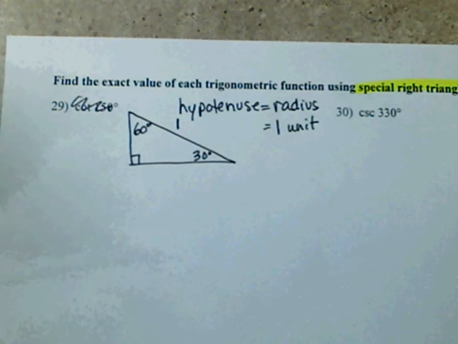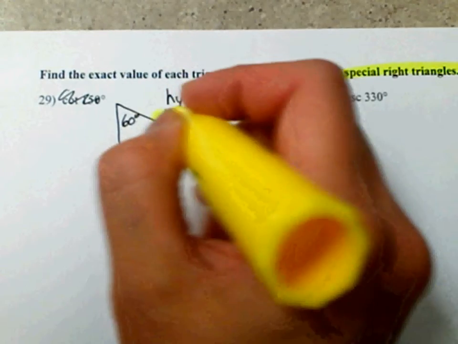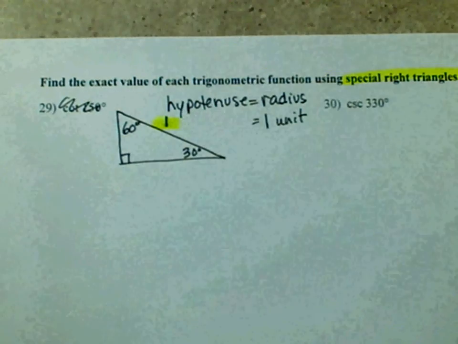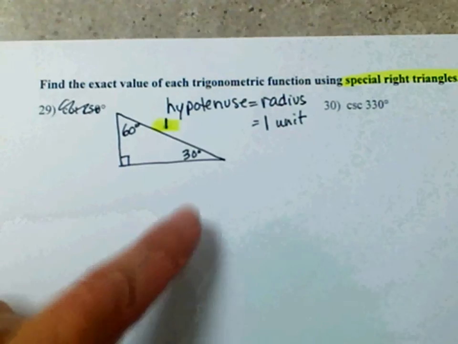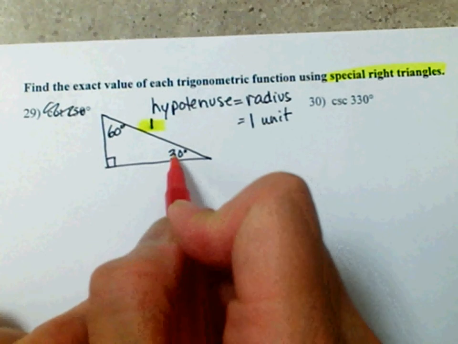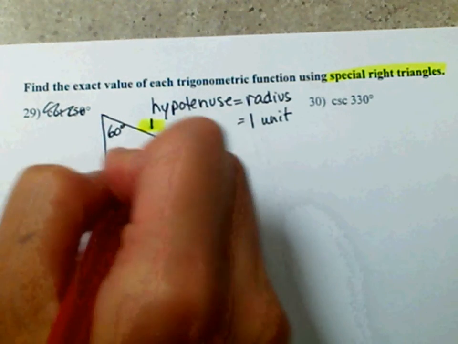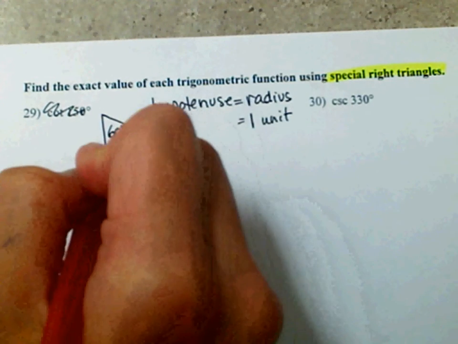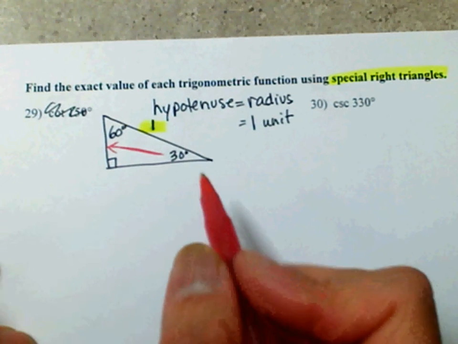So in a 30-60, the ratio is your hypotenuse is always 1. If this is 30 degrees, keep in mind it's half of 60, the opposite smallest angle corresponds to the shortest leg. So it is always half of 1. So this here will always be 1/2.